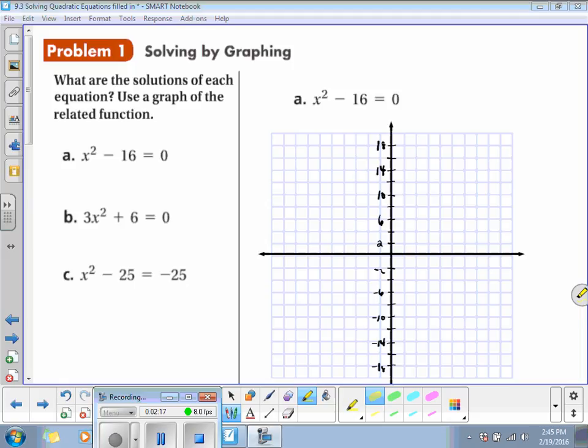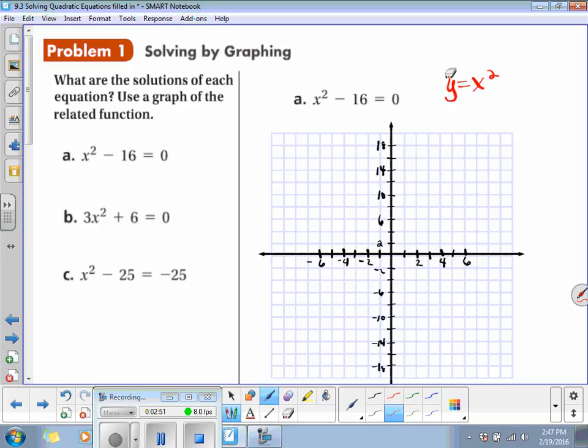Now, when we graph, for A, we have x squared minus 16 equals 0. All right. So the first graph that I want to put on this coordinate grid is the parent function. You guys remember the parent function is just y is equal to x squared, right? So when we graph the parent function, we're just graphing y is equal to x squared.